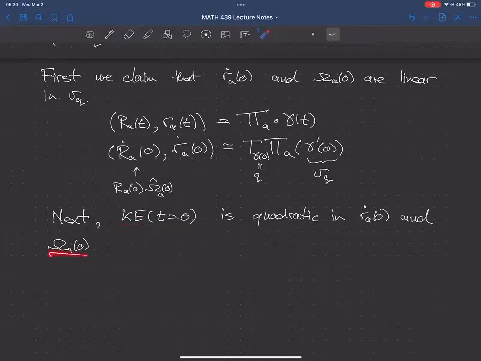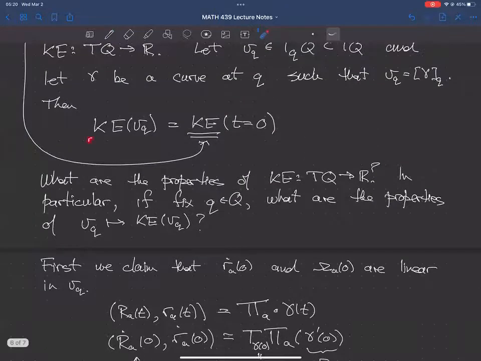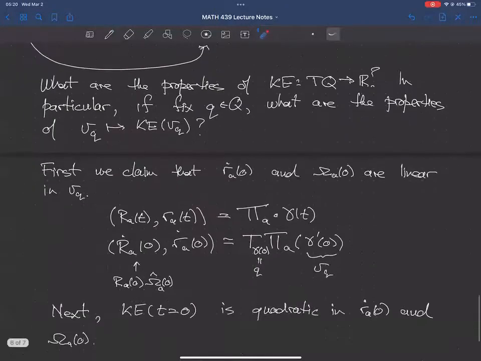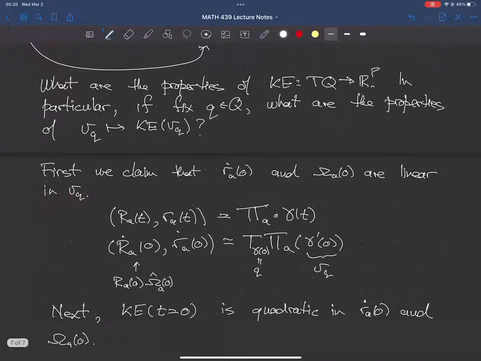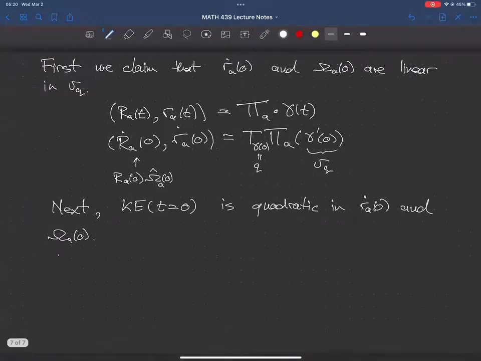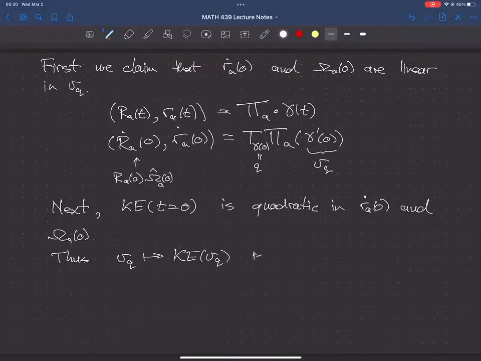This is a quadratic function of these, and these are linear functions of V. Therefore this, which is by our definition Ke of VQ, is a quadratic function of V. So this function, for fixed Q, is a quadratic function.